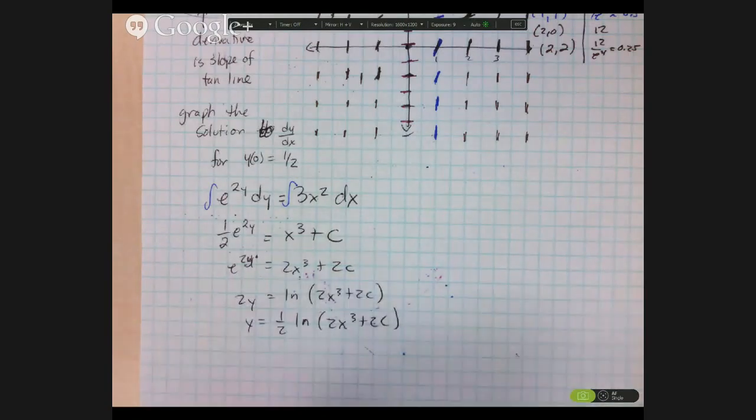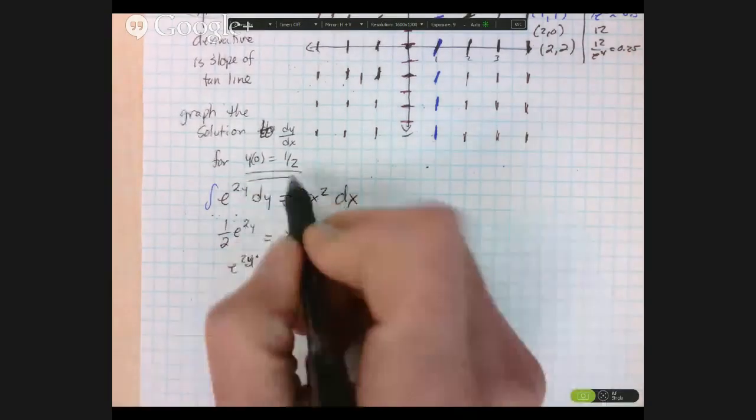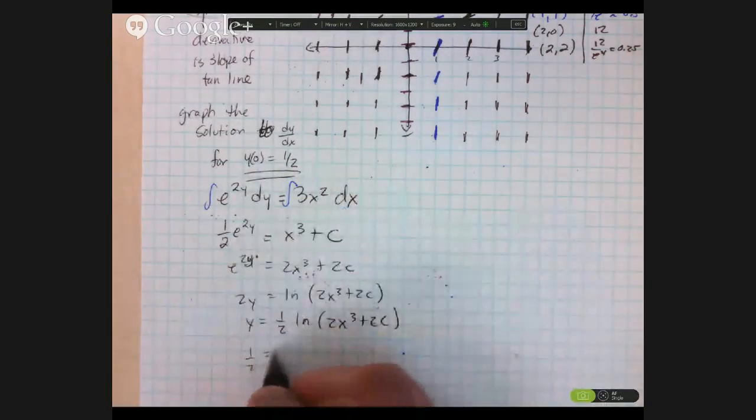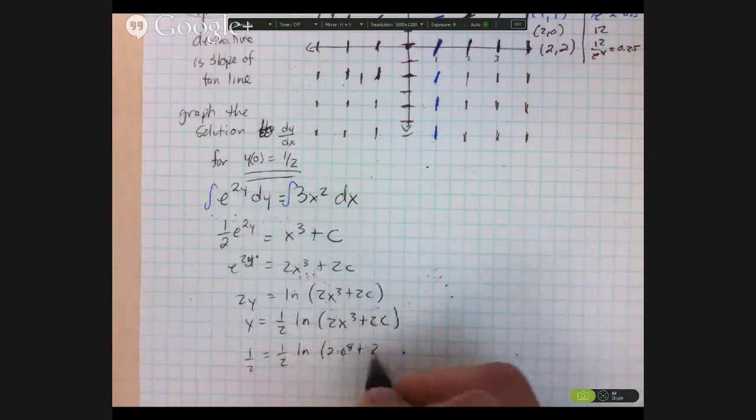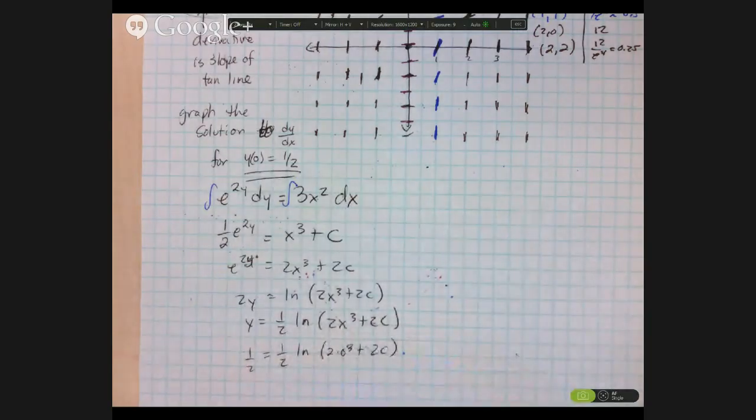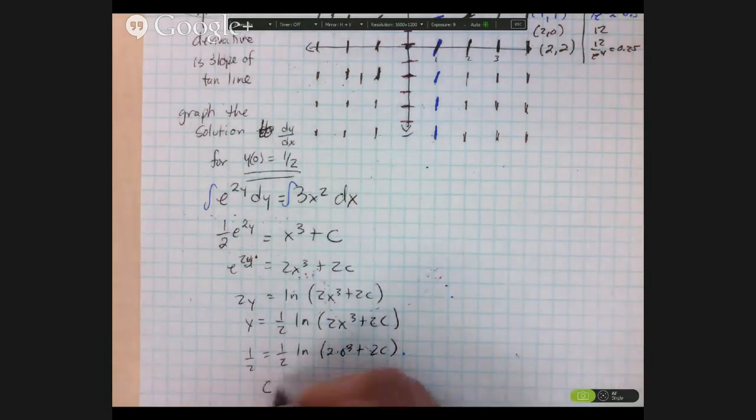Plug your initial condition in. Yada, yada, yada. C is e over 2.